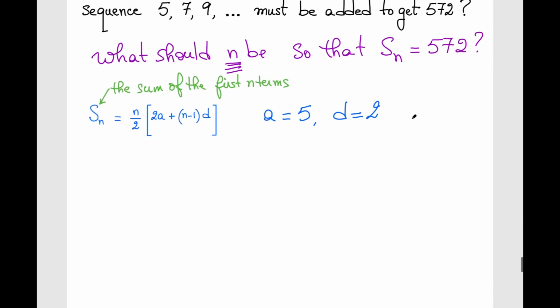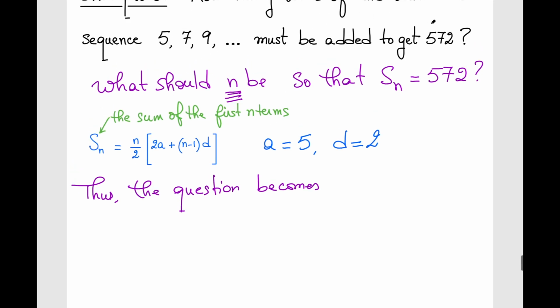So the question becomes, which question I'm talking about? This question, which is equivalent to this in purple. Now I'm going to try to simplify it. We want to find n, the number of terms that I should add, such that Sn should be 572.